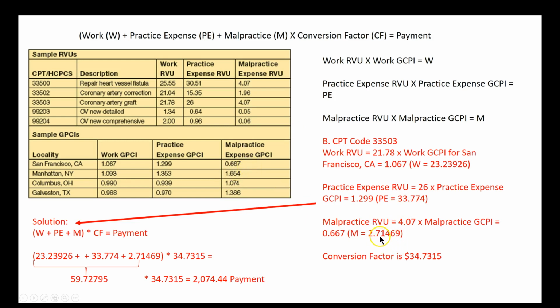That gives us 2.71469. Add each of the different values together, convert it to a monetary amount by multiplying it times the conversion factor, and for that procedure, the physician would charge $2,074.44.